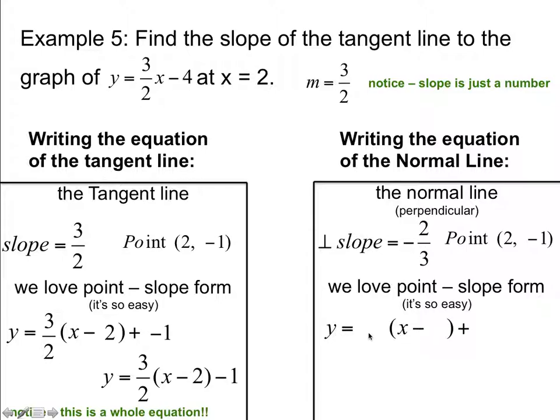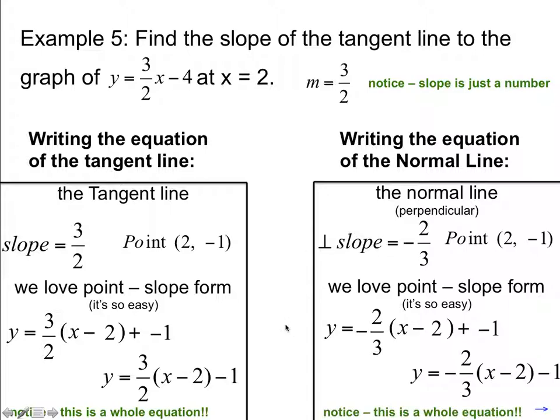We plug in our slope, minus 2/3, our x coordinate, 2, and our y coordinate, minus 1. So there's our equation for our normal line, and this is the whole equation. We're done. We don't have to rearrange it at all. We use point-slope form because it's much easier.